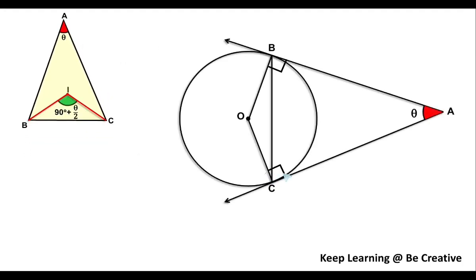Now, we have these two angles as 90 degrees. That is, the radius is perpendicular to the tangent, which we know.